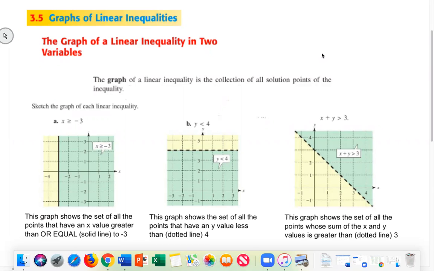So later on down the road, we're going to be graphing multiple inequalities on the same coordinate plane. Today, a pencil is fine. Maybe a couple days from now, you might want to have 2 or 3 colored pencils. And when you choose your colored pencils, choose them wisely.